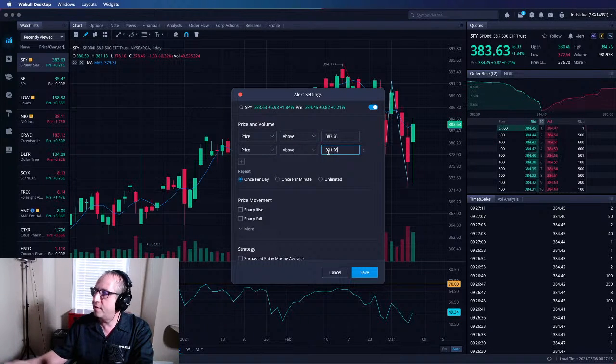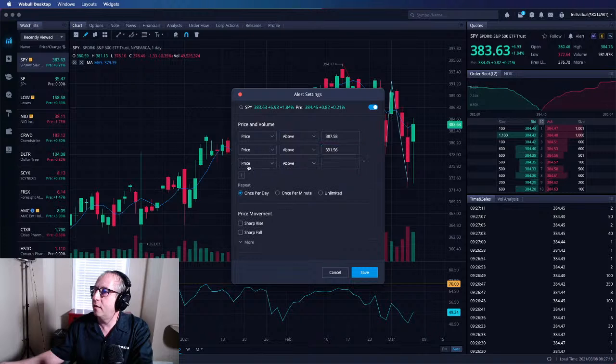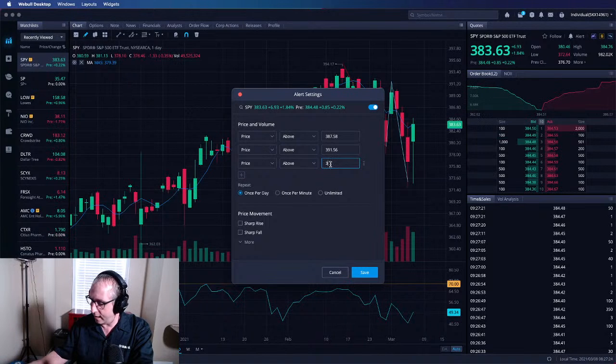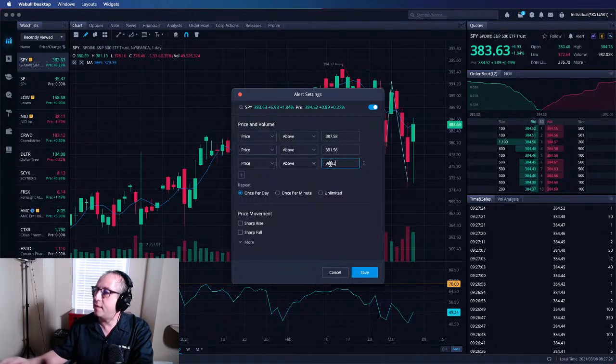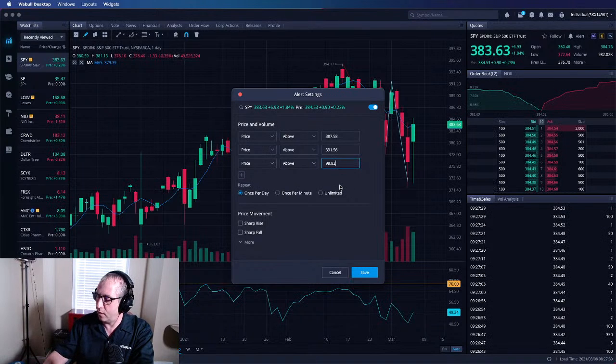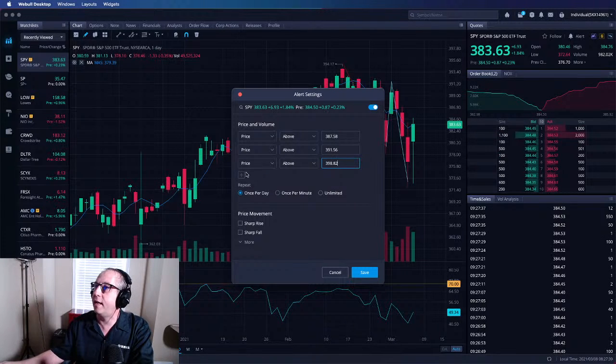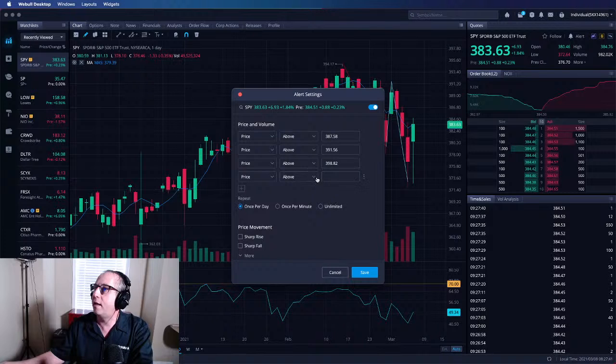Now I use a calculator, just an online pivot points calculator. I'm going to set up R3 here at 398.82. Well, that's wrong. 398.82 is R3.